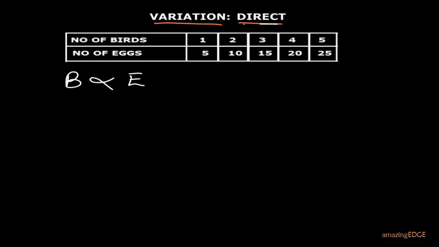To write this mathematically, I use this sign. So B means the number of birds, and this sign means varies directly with the number of eggs. That's how we write it mathematically.